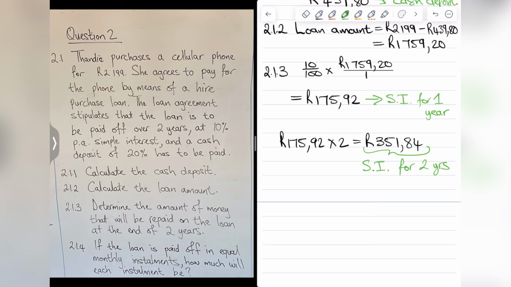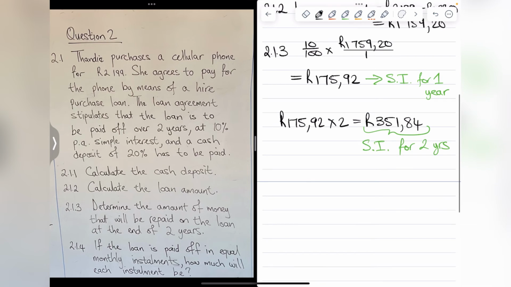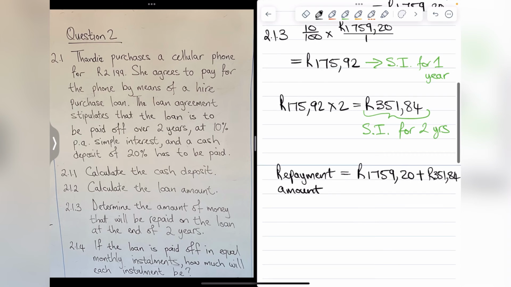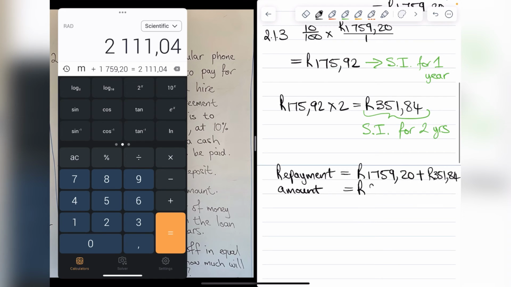So my repayment amount is equal to the loan amount, 1,759.20, plus total interest for 2 years, which was 351 and 84 cents. So that gives us 2,111 Rand and 4 cents.